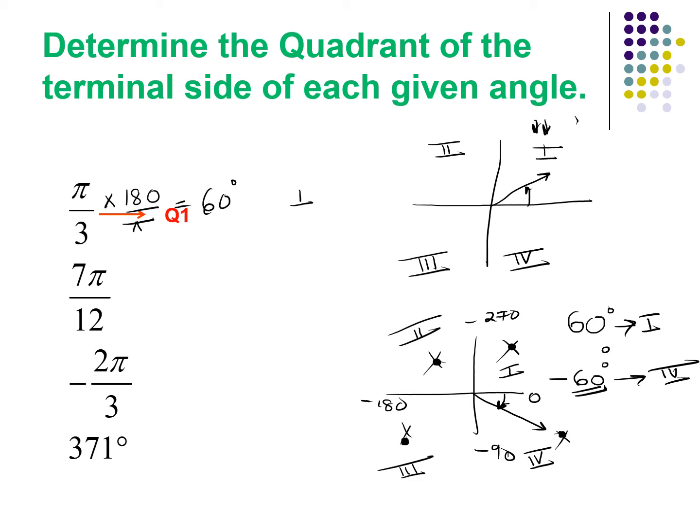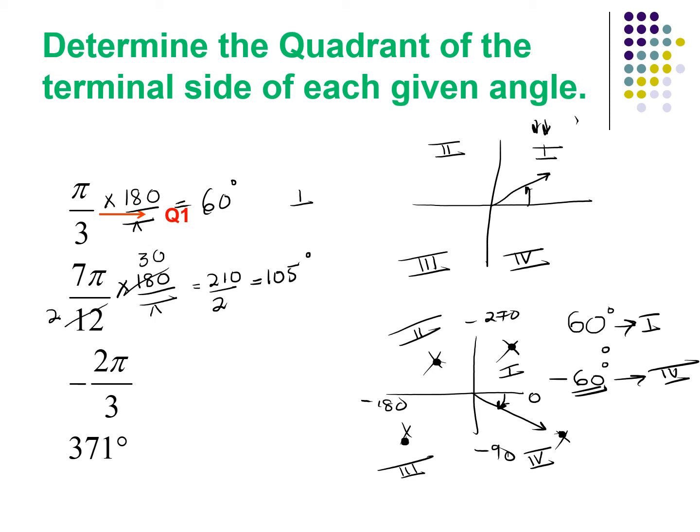Now 7 pi over 12, converted with 180 over pi. 12 divides into 180 as 15, and 7 times 15 gives you 105 degree.